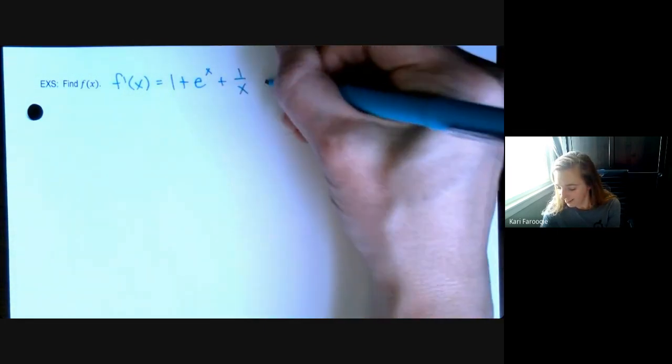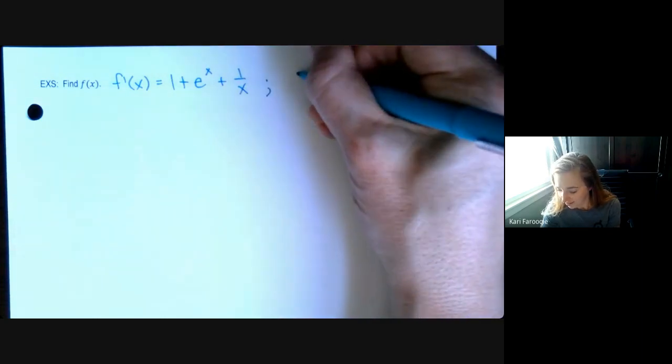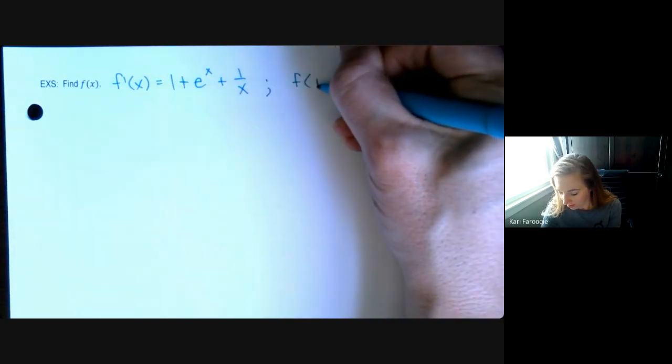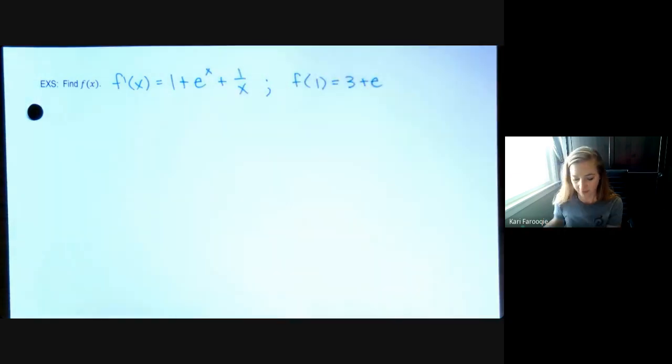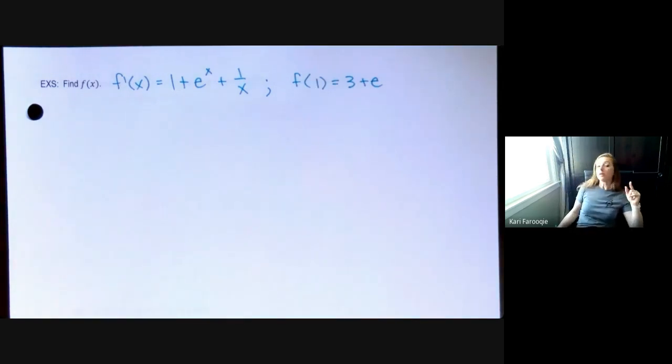And then the particular solution, or the value that I'm going to give you, is f of 1 is 3 plus e. We always need more practice with our exponential function, so this will be a good one for you. So what we're going to do first is integrate to get a general solution, and then we're going to use this value to find a particular solution.